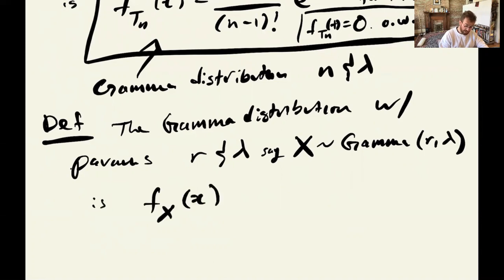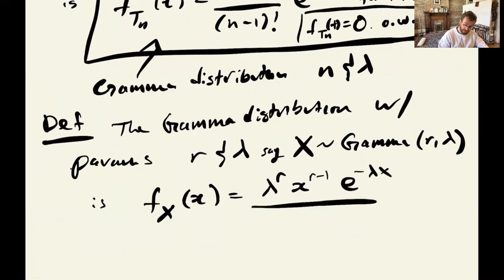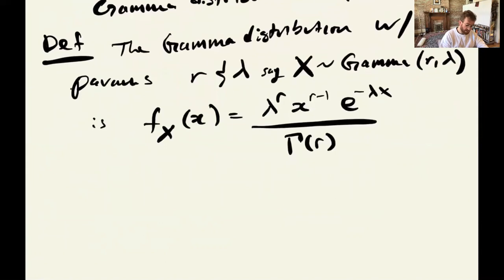It's f of x, little x, lambda to the r, x to the r minus 1, e to the minus lambda x, divided by, and finally we get to the titular gamma r, which is the generalization of the factorial to all non-negative numbers.